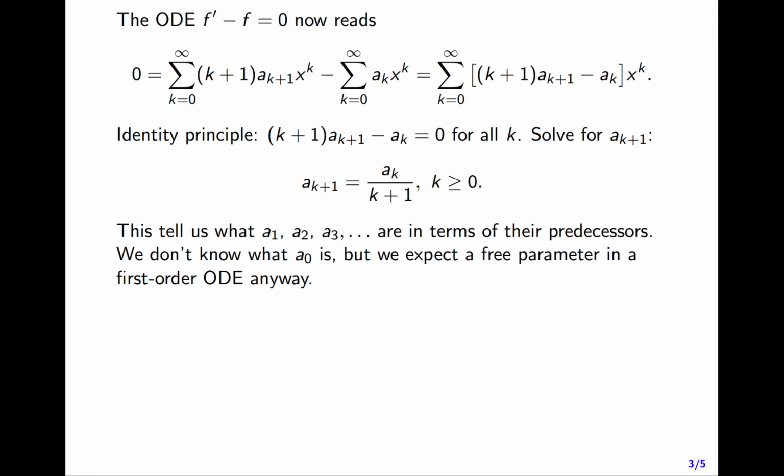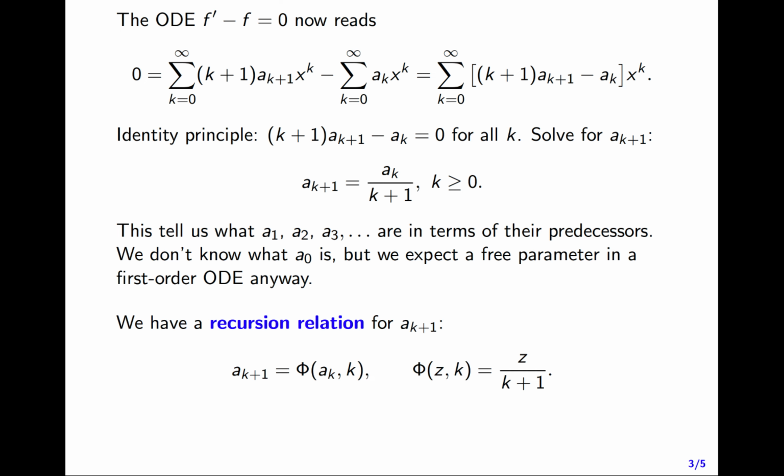We don't know what a0 is. This formula won't tell us what a0 is, but we expect a free parameter in a first order ODE anyway. We expect sort of one constant of integration. So we expect, or at least can accept, that we won't be able to determine every single coefficient. There'll be one coefficient that's left over free.